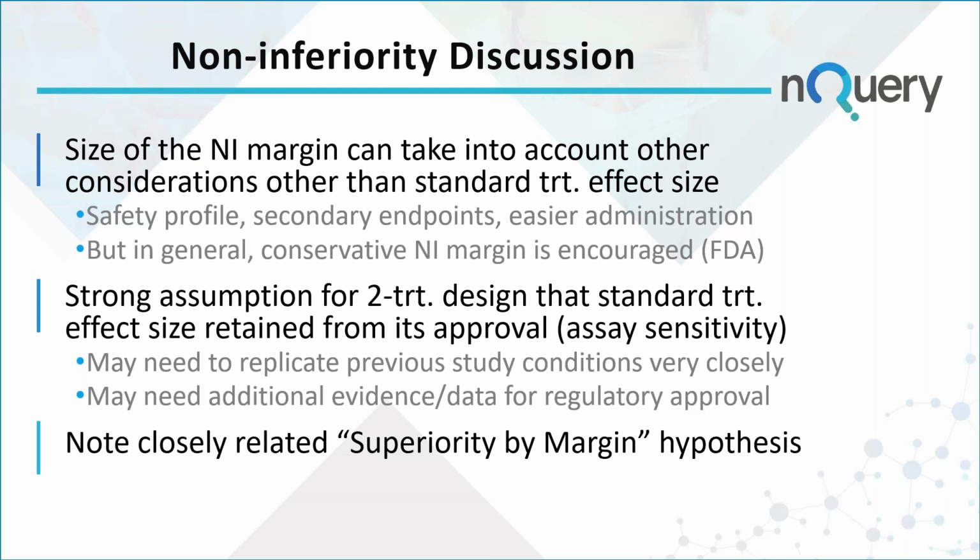If you have a much safer version of a pre-existing treatment, then you may make the argument that, okay, maybe this is slightly worse, but not by a very large amount, and it's much safer. Then there could be other secondary endpoints, where you might have improvements over other treatments, though that's probably more rare. And then there's easier administration, which is kind of related to safety.